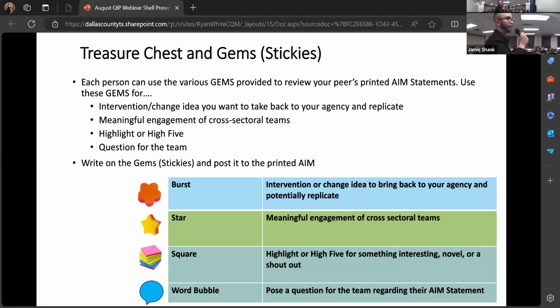A square highlights something interesting, novel, or a shout out. And the word bubble poses a question for the team regarding their aim statement. Whenever you have a free second, please exit out this door, go get something to eat, and feel free to engage with the aim statements. Thank you all so much.